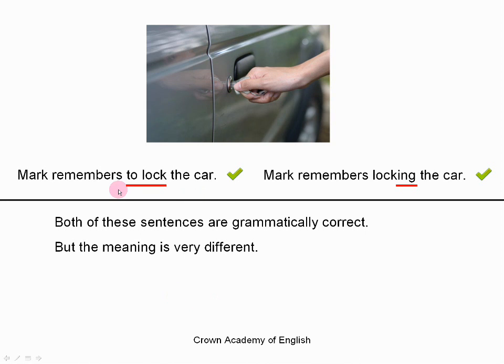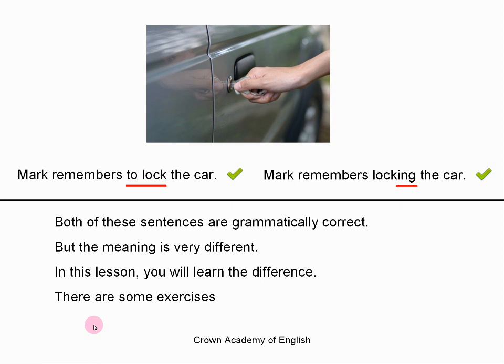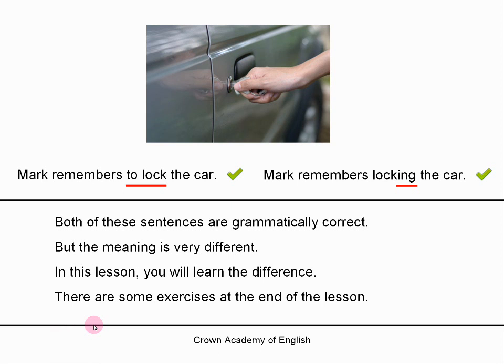Okay? So the meaning of this sentence is very different to the meaning of this sentence. And in this lesson, you will learn the difference. And there are some exercises at the end of the lesson. So let's continue.